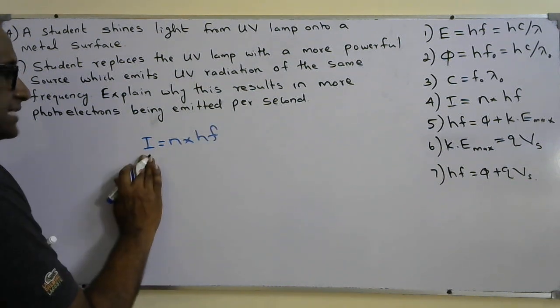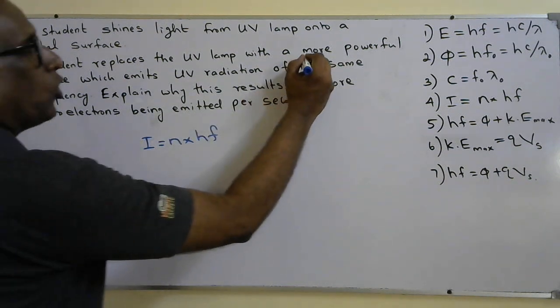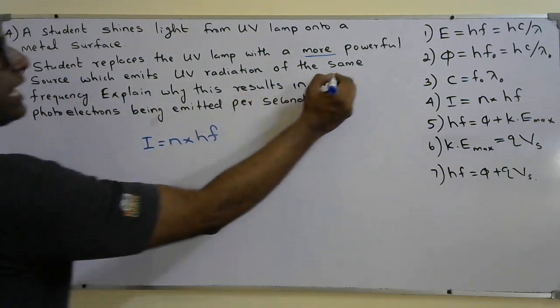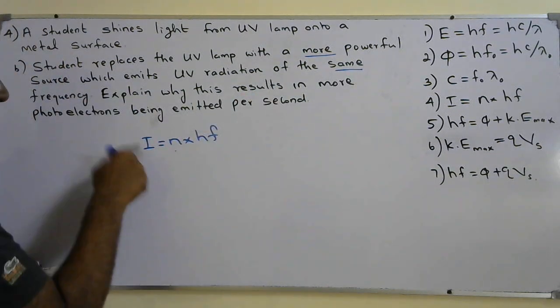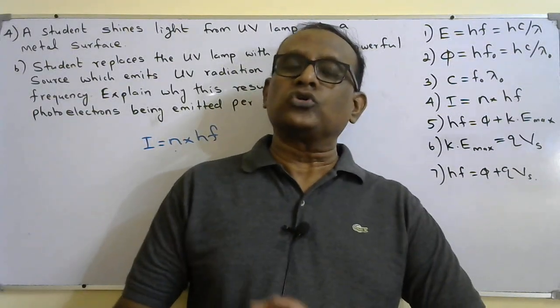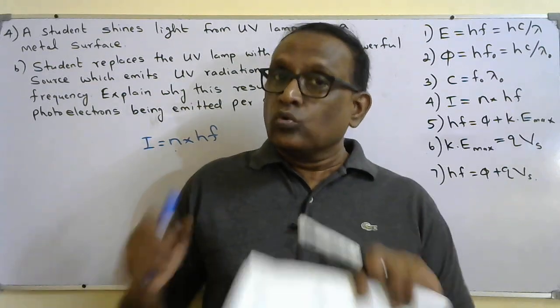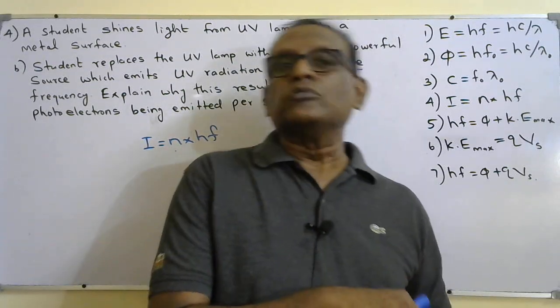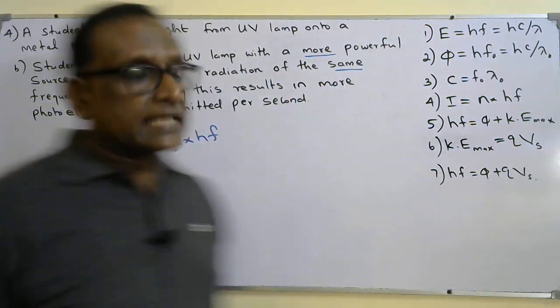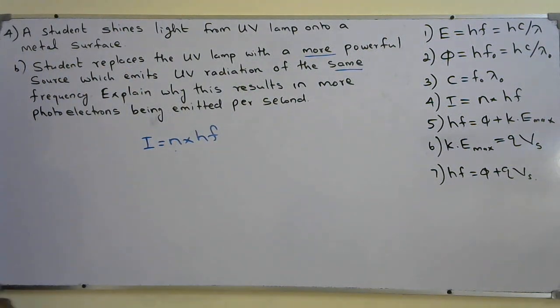The intensity is higher because more powerful means higher intensity. Same frequency, so n is increasing, I increases. That means it's emitting a greater number of photons per unit area per second. One photon removes one electron, so more electrons will be released per second. That's the reason more electrons are being emitted per second.